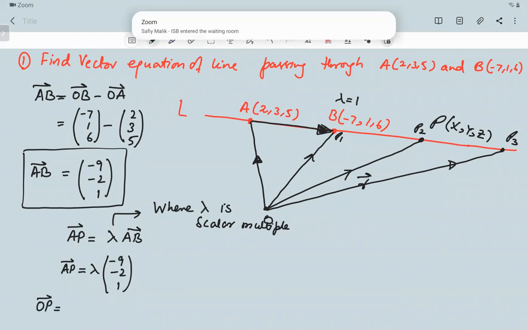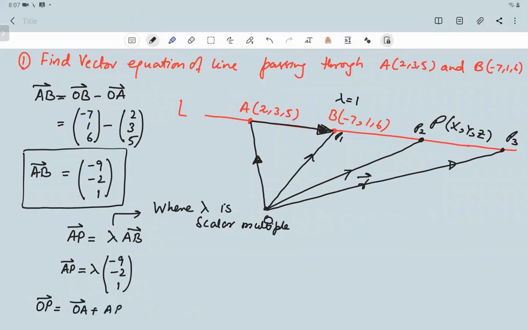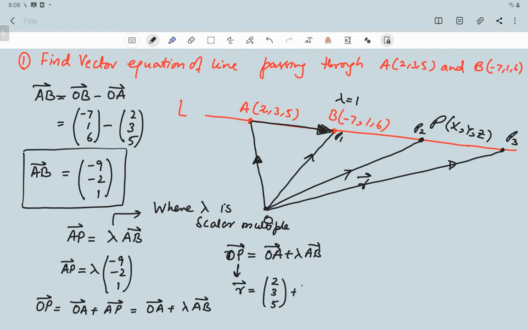OP is equal to OA plus AP, and then it is equal to OA plus lambda times AB, okay? OP is r, and OA is equal to (2, 3, 5), and AB is equal to (-9, -2, 1).